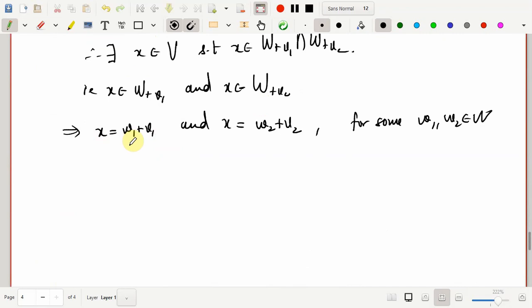See, X is the same as W1 plus V1 as well as X is the same as W2 plus V2, which implies that W1 plus V1 has to be the same as W2 plus V2. You look for the difference V1 minus V2 or V2 minus V1. So by adjusting the terms, that is by adding the inverse of V1 and W1 or V2 and W2, you will get W1 minus W2 same as V2 minus V1.